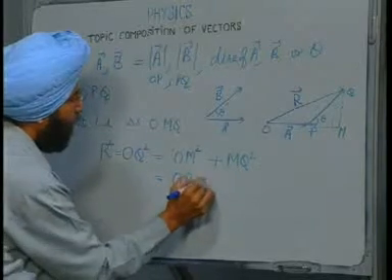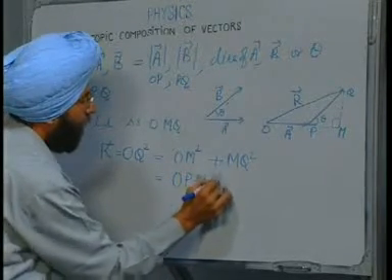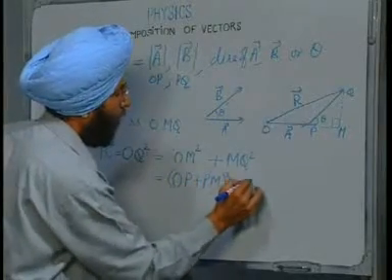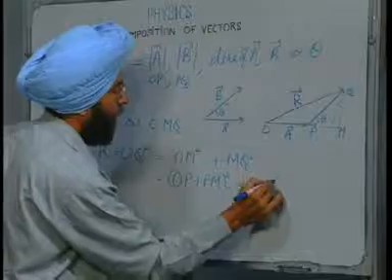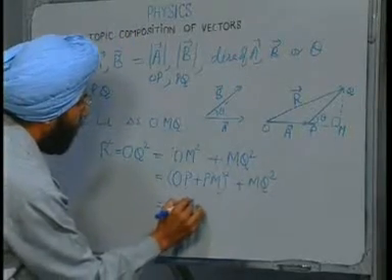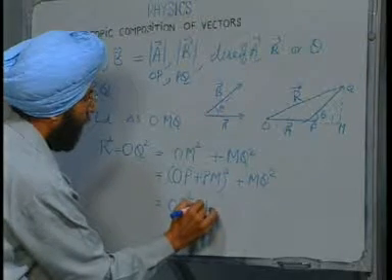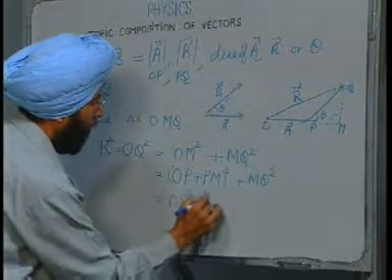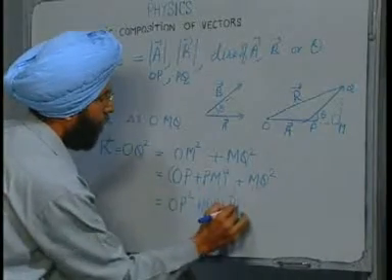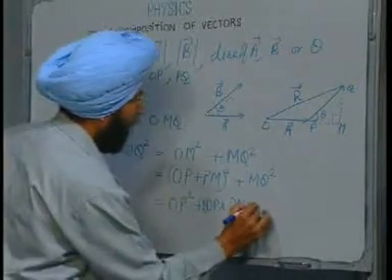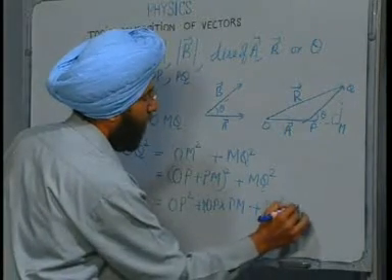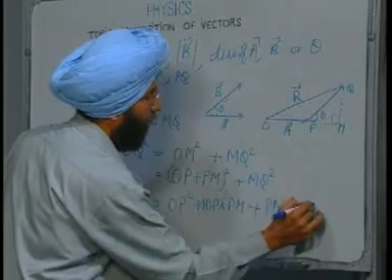OP is known, PM is the unknown part. So, R square is OP square plus 2 OP into PM plus PM square plus MQ square.